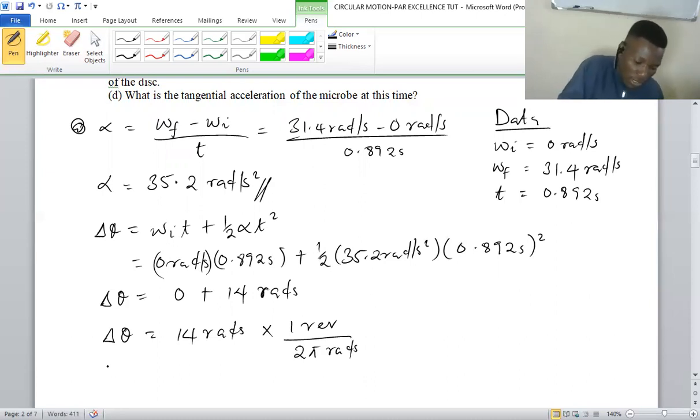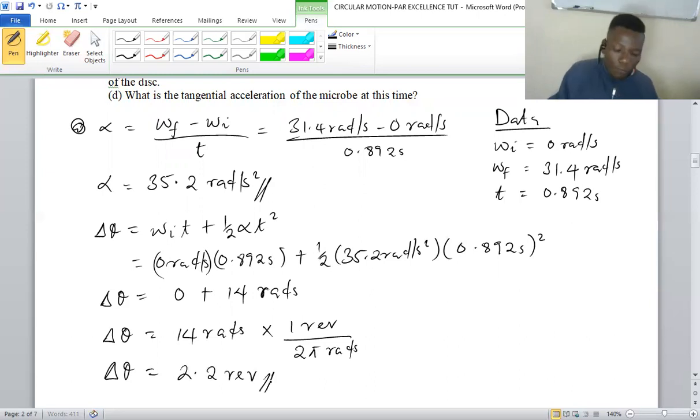That will give us the rotation in revolutions. So what we're going to have is 2.2 revolutions. So that's how we find that one.